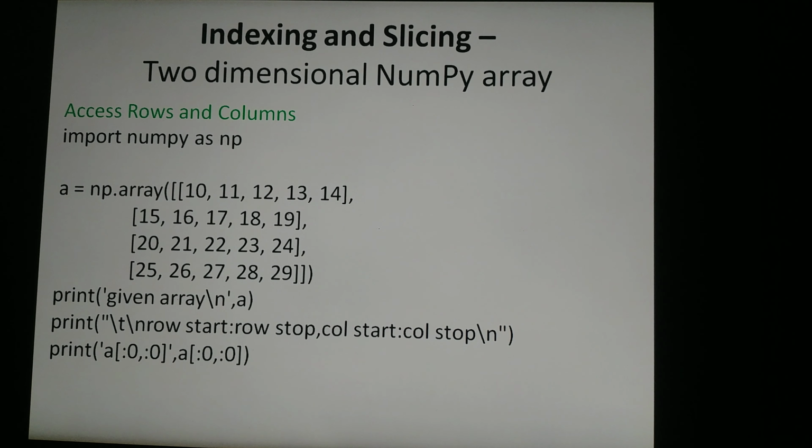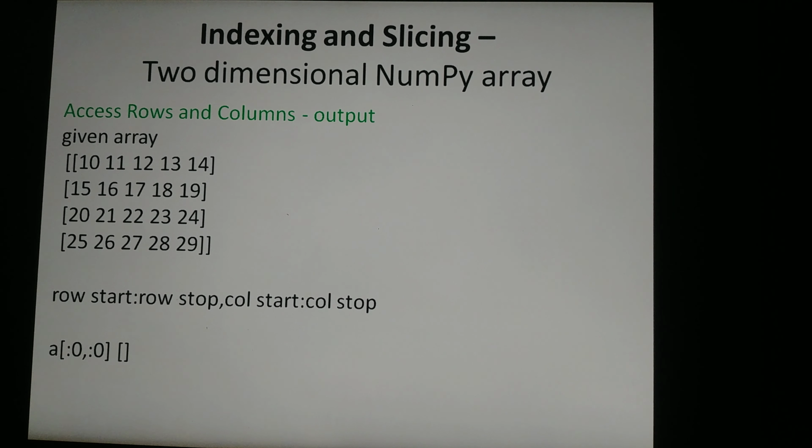So if I give this as a 0 and 0, that means I have to stop at -1, but we do not have any -1 indexing. So the output that we get is an empty array.